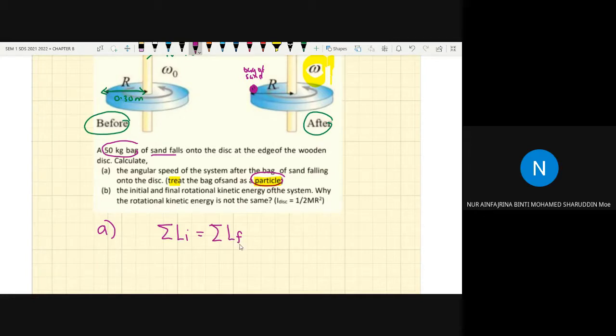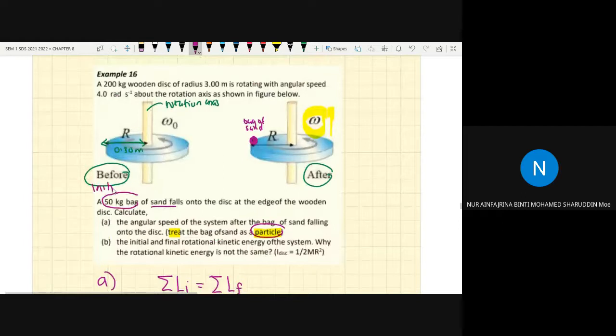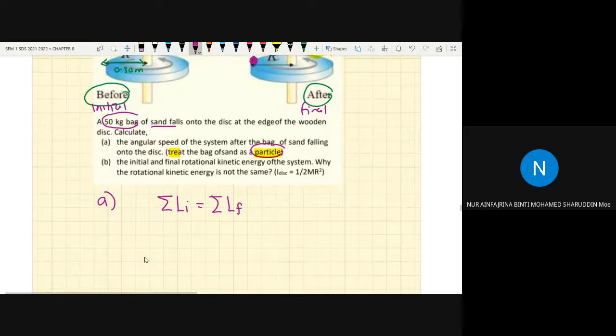So kita cuba tengok initial. Ini initial, ini final. So kita tahu formula untuk angular momentum adalah I omega.